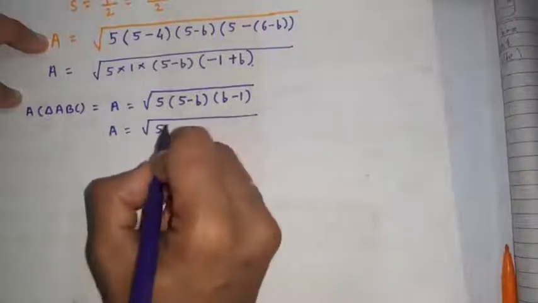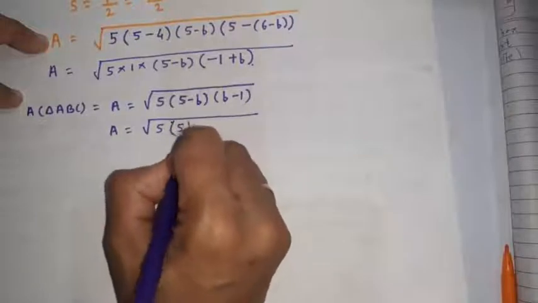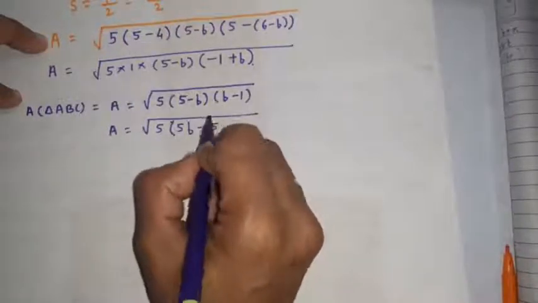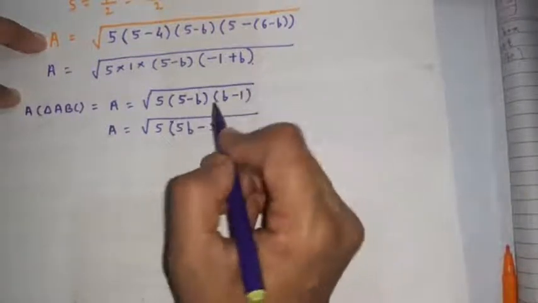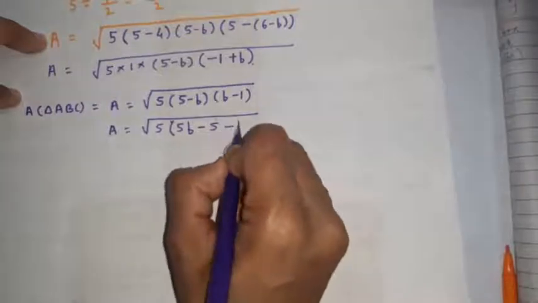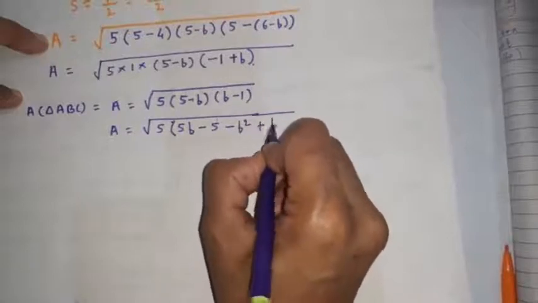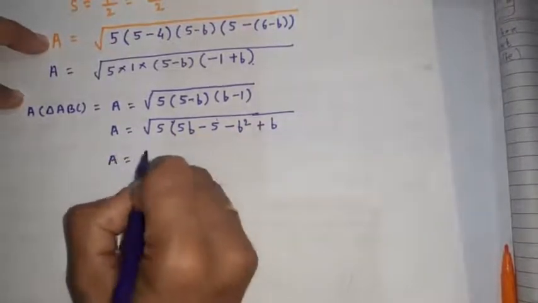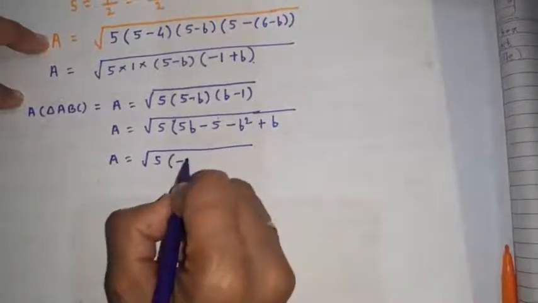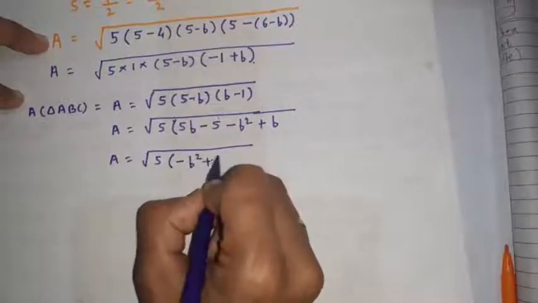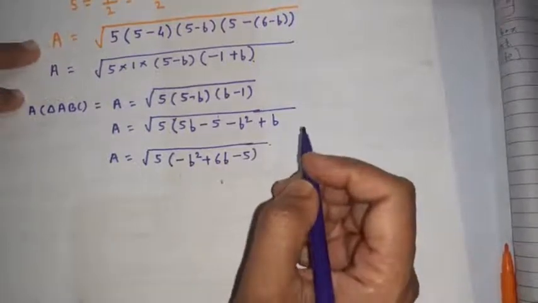Now 5 minus b into b minus 1 is 5b minus 5 minus b square, and then minus b into minus 1 is plus b. So A equal to square root of 5 into minus b square plus 6b minus 5. This is the area of the triangle.